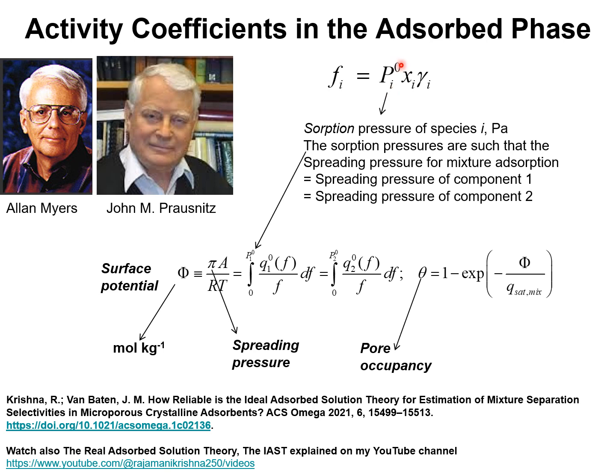P sub i superscript 0 are the sorption pressures of the species i, and gamma i is the activity coefficient of species i in the adsorbed mixture.